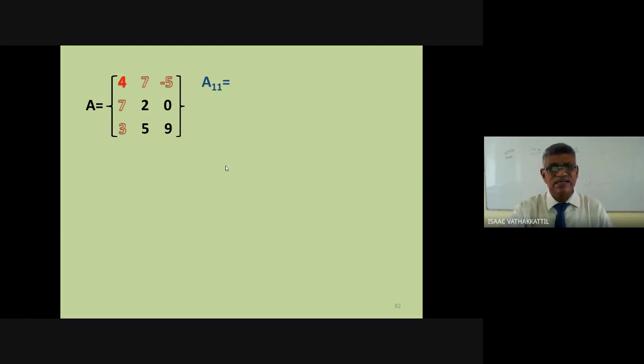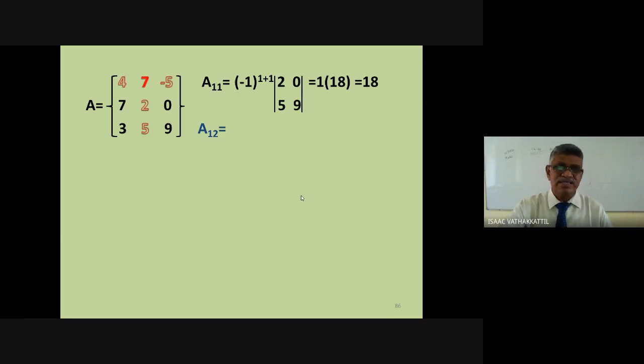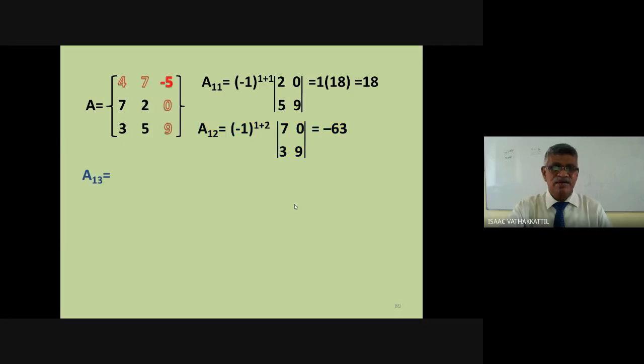The sign is plus, 18. Further, A12, the cofactor of 7, will be minus of 63. Further, A13, the cofactor of minus 5.